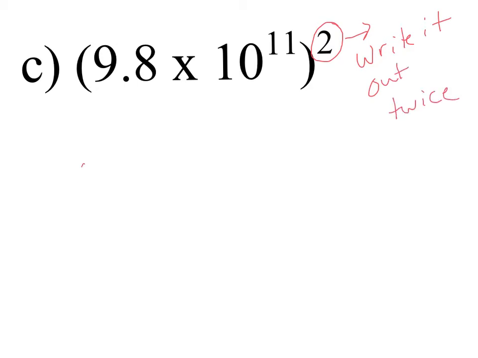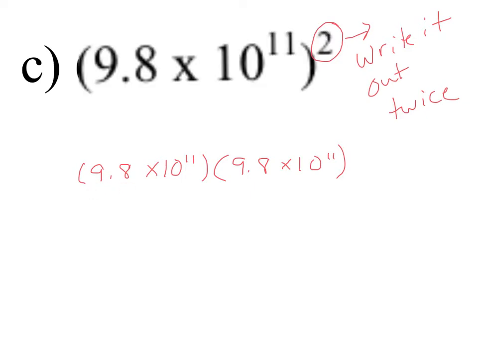So I'm going to take 9.8 times 10 to the 11th, and I'm writing it out twice. Okay, all right, so now I am going to do my multiplication here. I'm going to multiply this guy and this guy together, and when I do that, I end up with 96.04 times 10 to the, and again, we're going to add the 11s up and get 22.